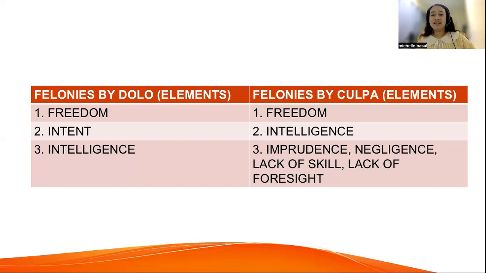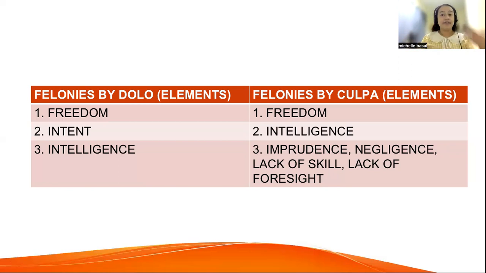There should be a clinical diagnosis, performed by a medical practitioner, that such person is an imbecile and has the mental capacity of a 2-year-old up to a 7-year-old. And of course, minority, because under our laws, children are protected of their rights.